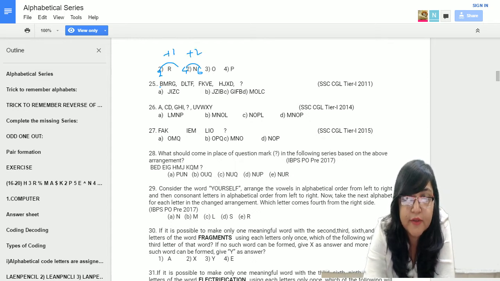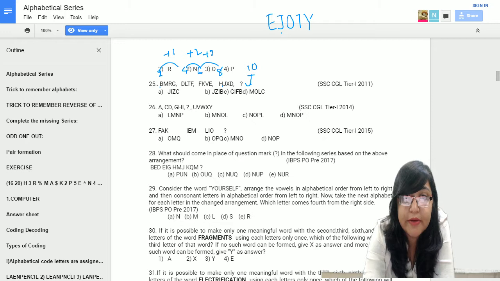After F, 6, comes 8, then plus 2 is 10. Clear? So what is 10? I already told you, you can remember 10 from EJOT. So J is 10. You will have J over here.